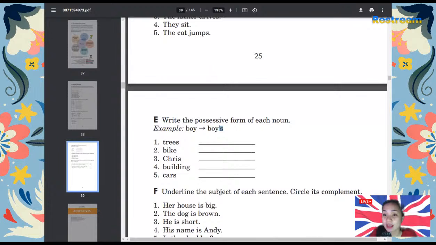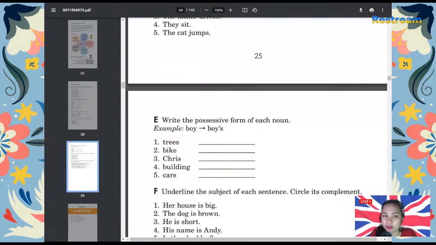Dhruv, can you try it again? Where is the correct place to put the apostrophe only? It has the letter S already.